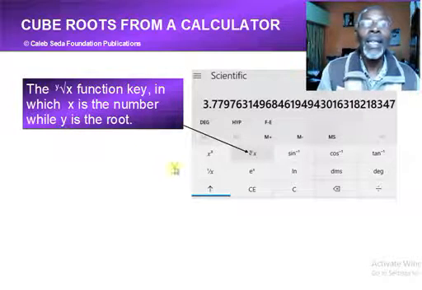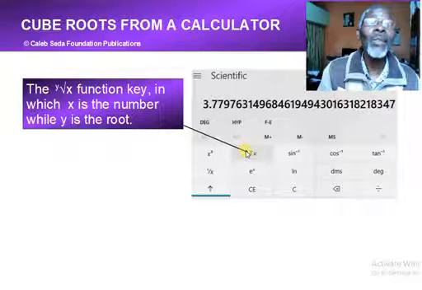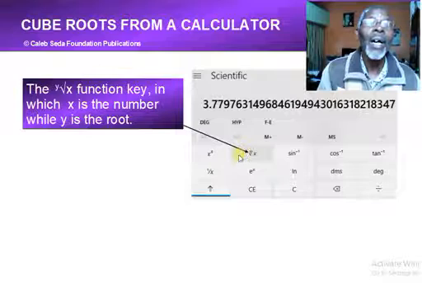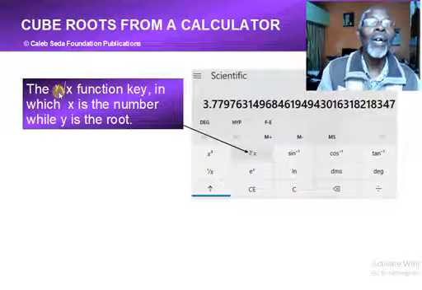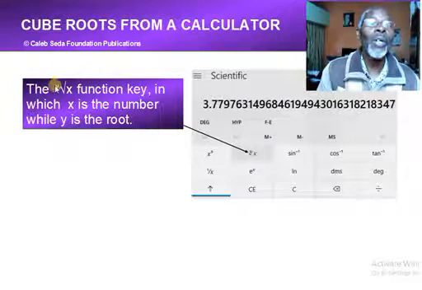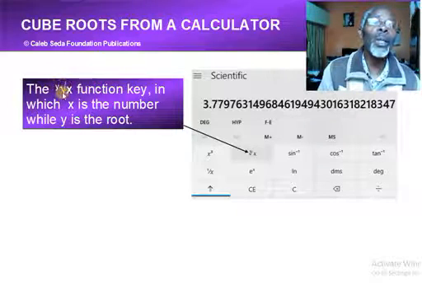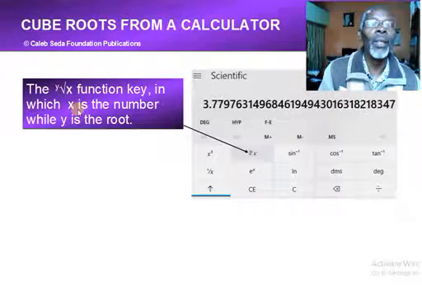This is a general root function key which can give us several roots, not only cube. Y is 3 when we are talking about cube root. Y would be 2 when we are talking about square root. Y would be 4 when we are talking about the 4th root, 5th root, 6th root, 10th root, and so forth. That is the function key for getting the root of a number.